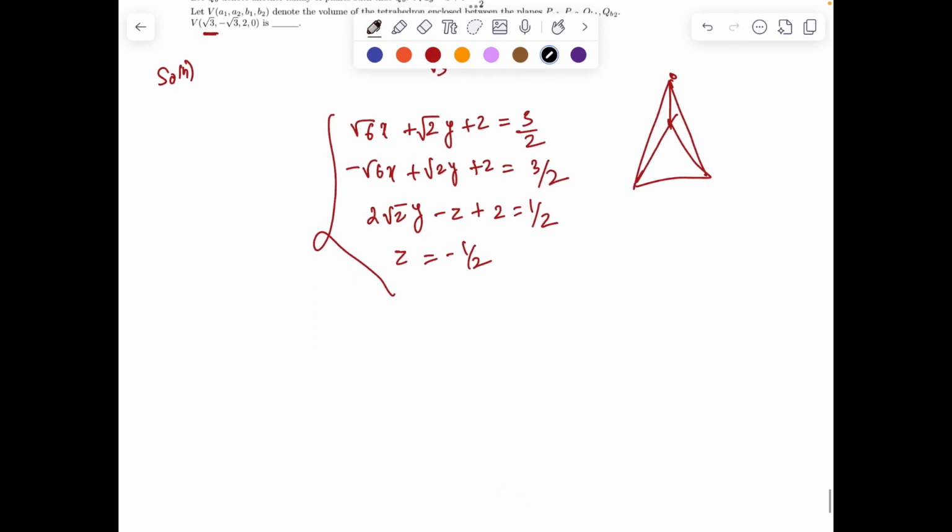So method 1 is we can solve these planes, and you can clearly see 0, 0, 3 by 2 is one of the points, because if I keep x 0, y 0 and z 3 by 2, it satisfies both of these equations, right?